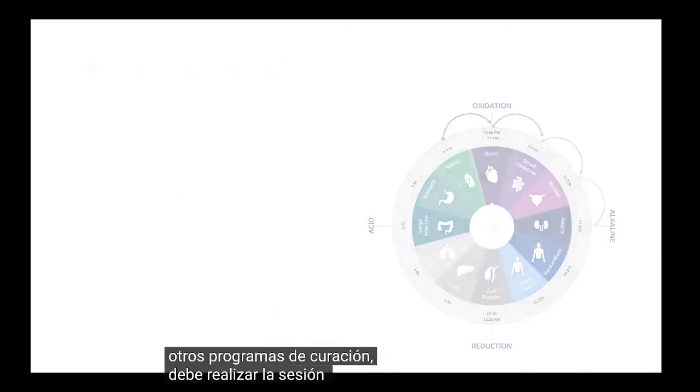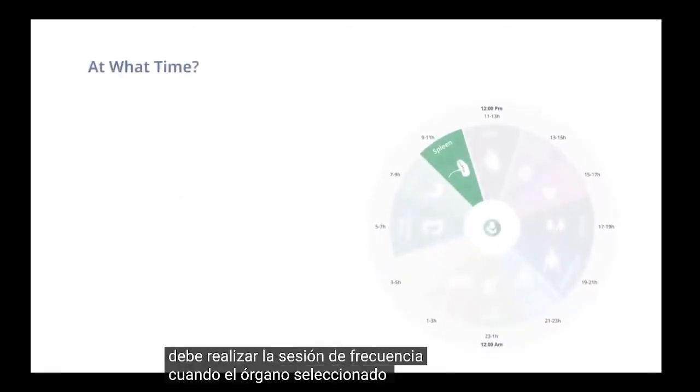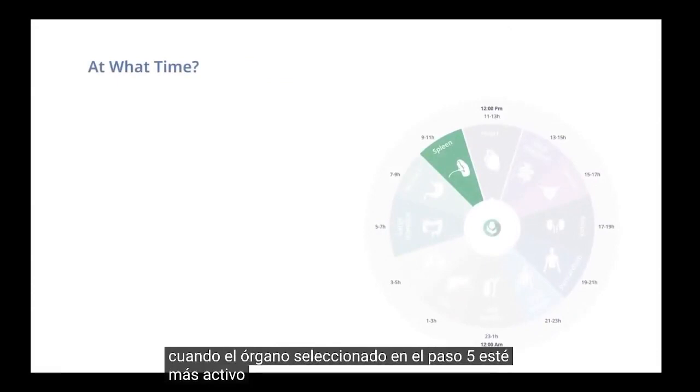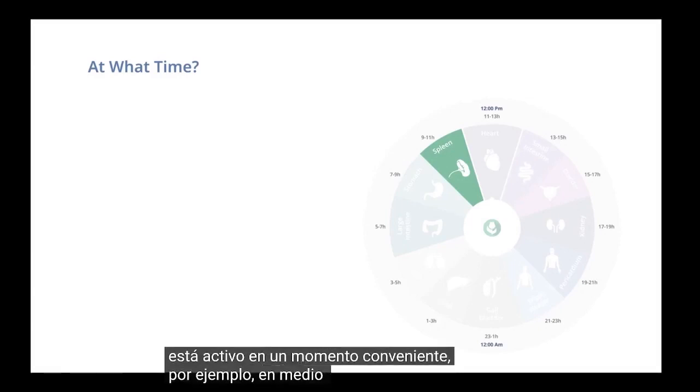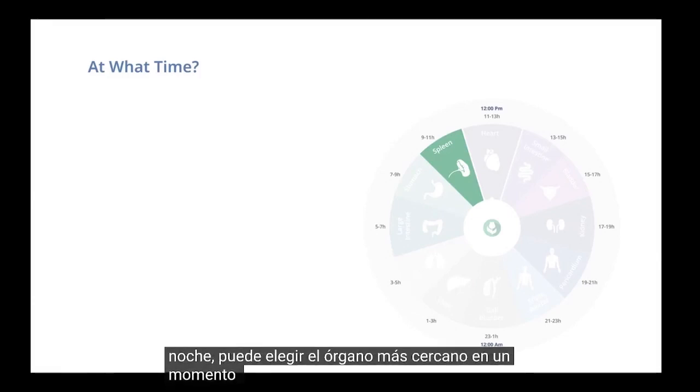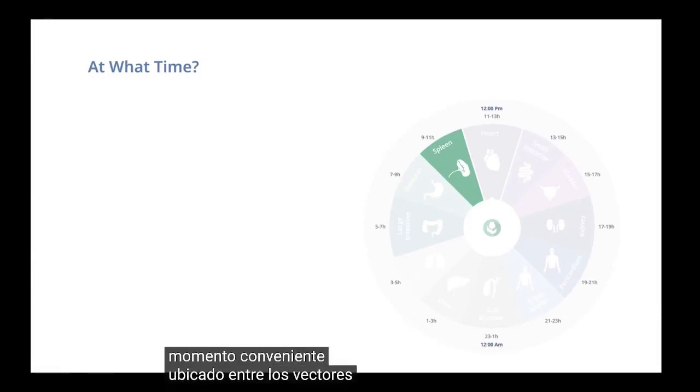You should perform the frequency session when the organ selected in step 5 is most active. For the spleen, pancreas, this would be between 9 and 11 a.m. If the organ you have chosen does not happen to be active at a convenient time, for example in the middle of the night, you can choose the nearest organ at a convenient time, located between the vectors of the moon, of the day, and of the hour, determined in step 5.